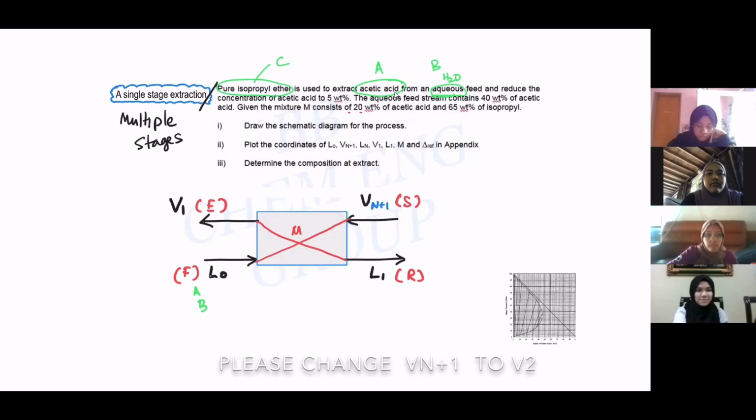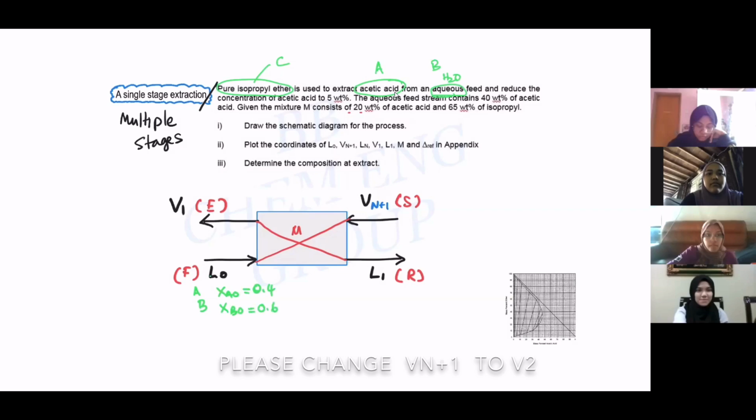C is not mentioned yet. The aqueous feed stream contains 48% acetic acid, so it only gives you XA0 equal to 0.4. This is weight fraction. That's all. It says acetic and aqueous only, so what you have is XB0 only, which is 0.6.